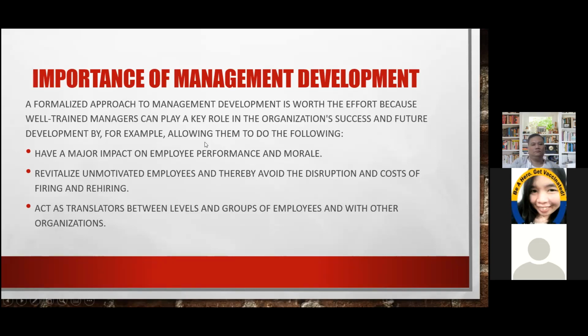So hindi lang po dapat ang tinitrain natin, ang dinedevelop natin is yung mga employees, dapat pati yung mga managers, para makita ng mga employees na umaangat sila. Hindi lang sila umaangat, pati yung mga managers nila, umaangat po yung qualifications and then yung skills na pwede nilang matutunan within the organizations and within themselves.